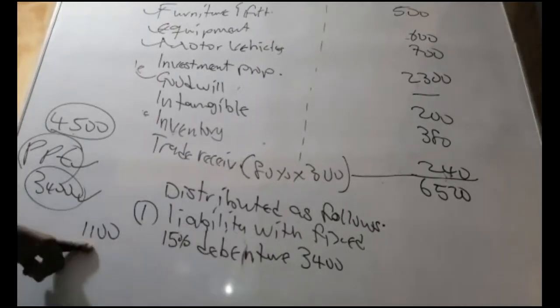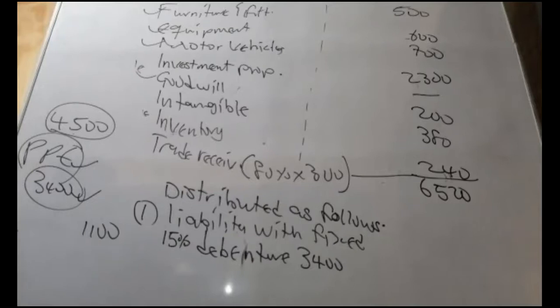So this figure will be unsecured liability. So when we are paying the unsecured liabilities, please come for your share. So the 1,100 becomes unsecured. So take notes.